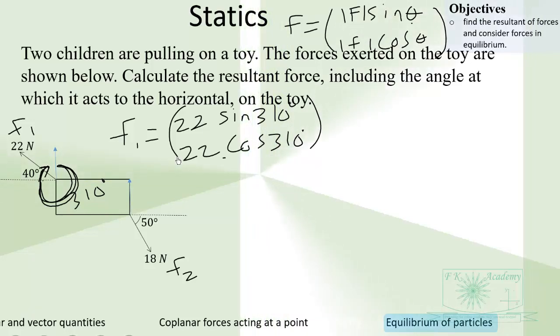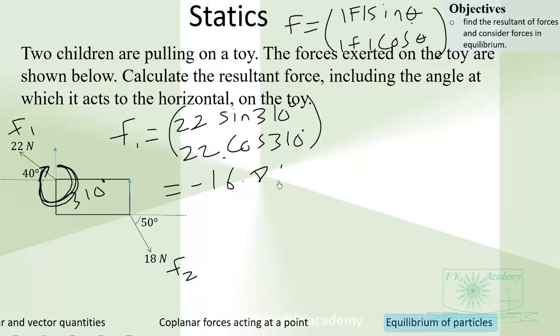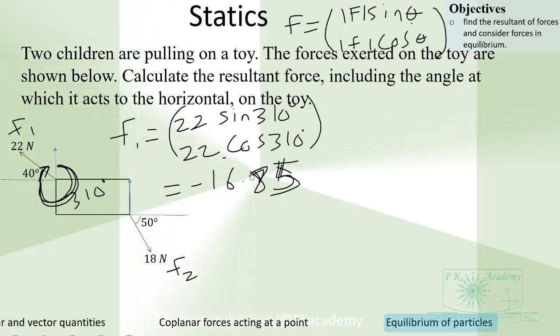So 22 sine 310 will give us negative 16.85. Then we have 14.14.